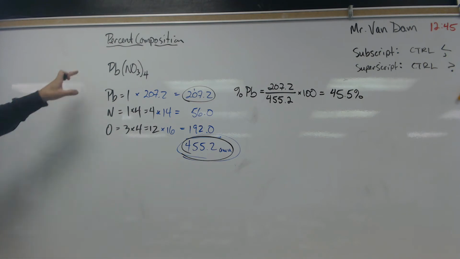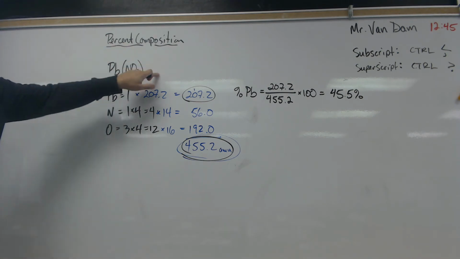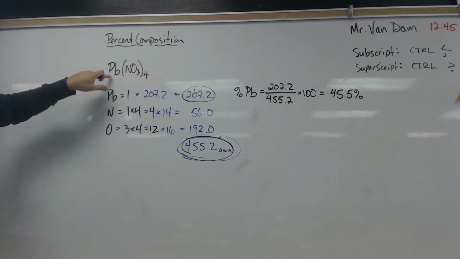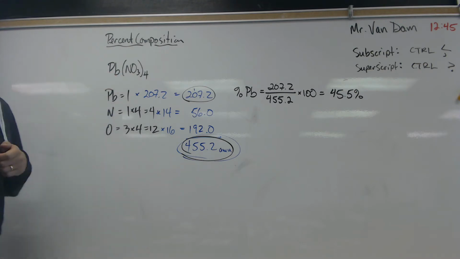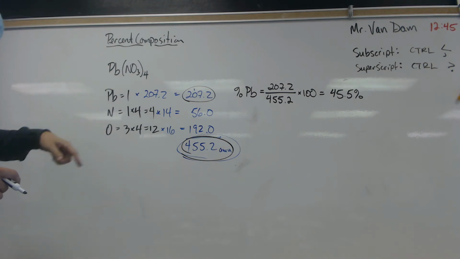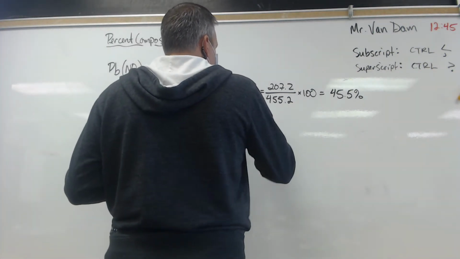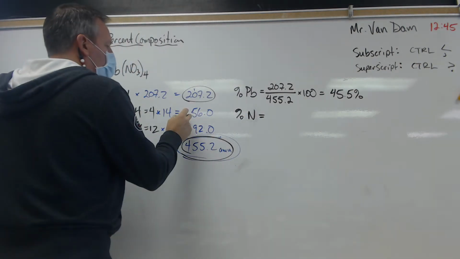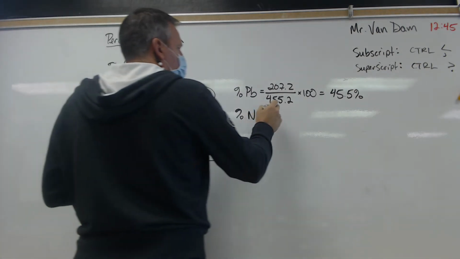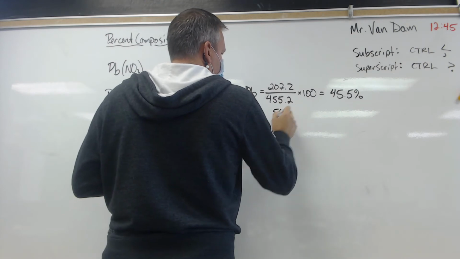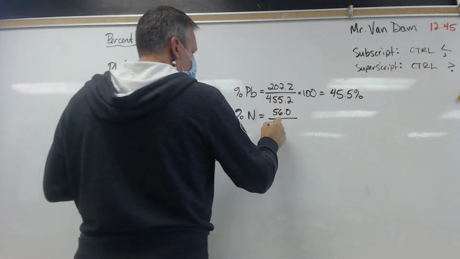So that tells me that in one unit of this compound, 45.5% of the mass comes from the lead. And let's do the oxygen. Actually, we'll do these in order. So percent nitrogen. Now I'm doing this part over the whole.